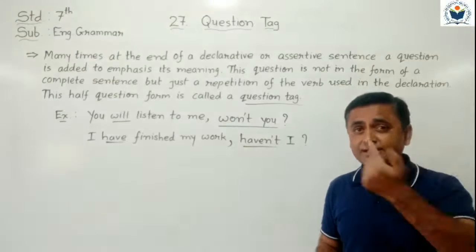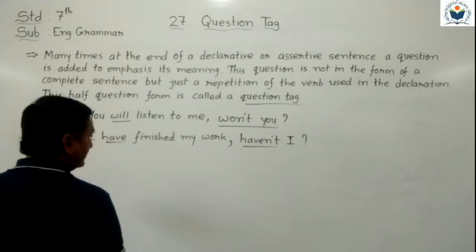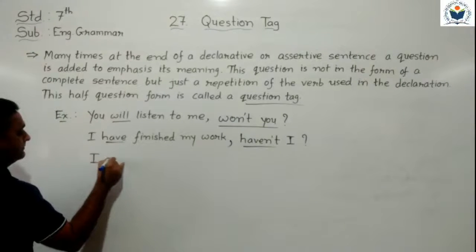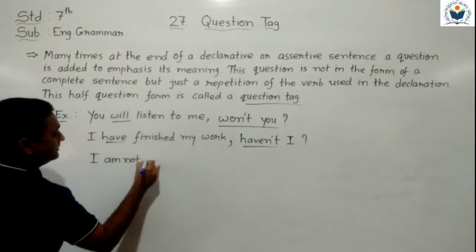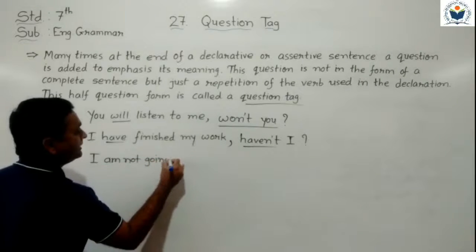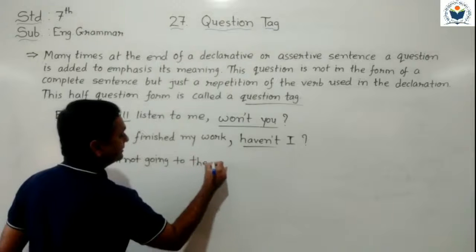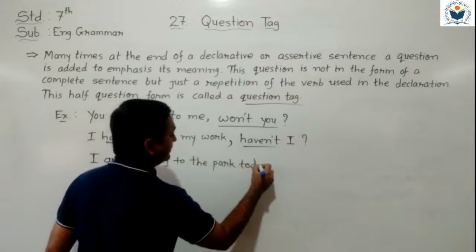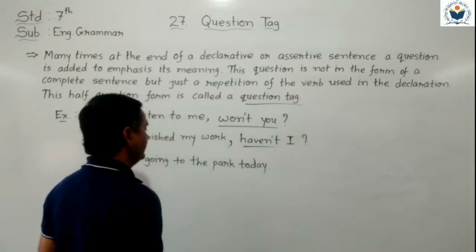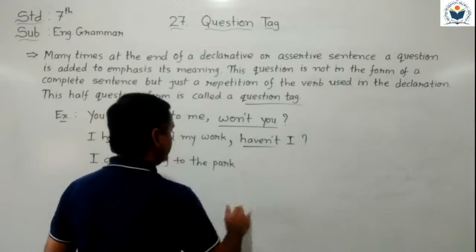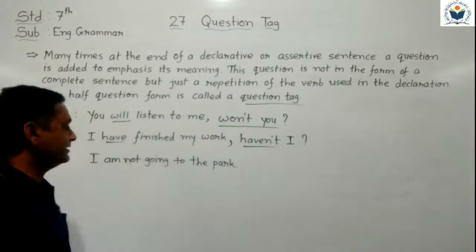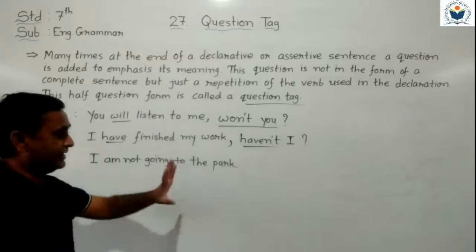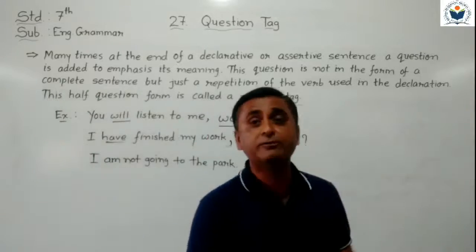One more example we see, with a negative statement. See here: I am not going to the park. We have one sentence given here, and we have to convert it into a question tag sentence.